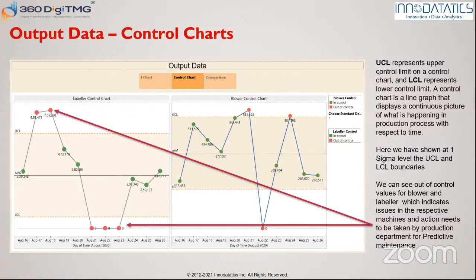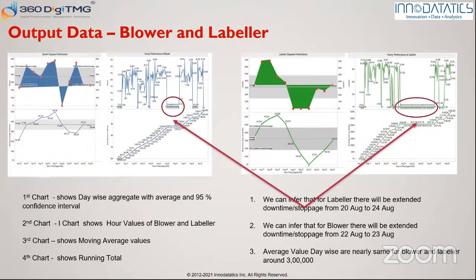This is one more story we have created with the output data. As in the previous slide, we have used the SPC methodology. Here we have used a reference band with the confidence interval to see the performance of the machine. The left side is the blower, and the right side is the labeler performance. You can see the hourly performance of the blower, where the stoppages are, and on the right side the hourly performance of the labeler.